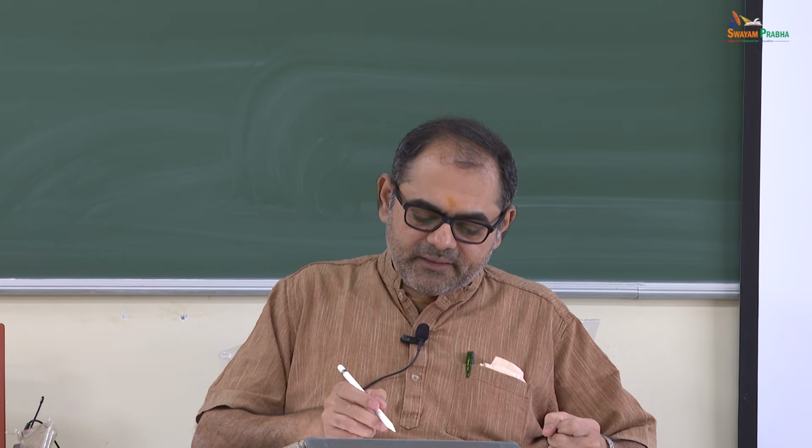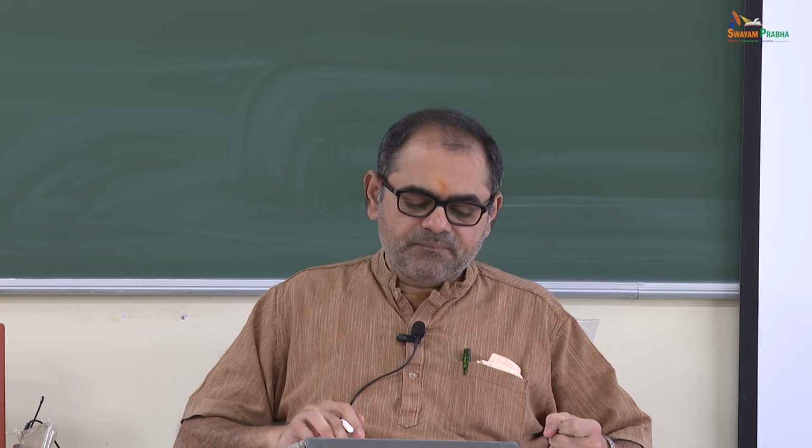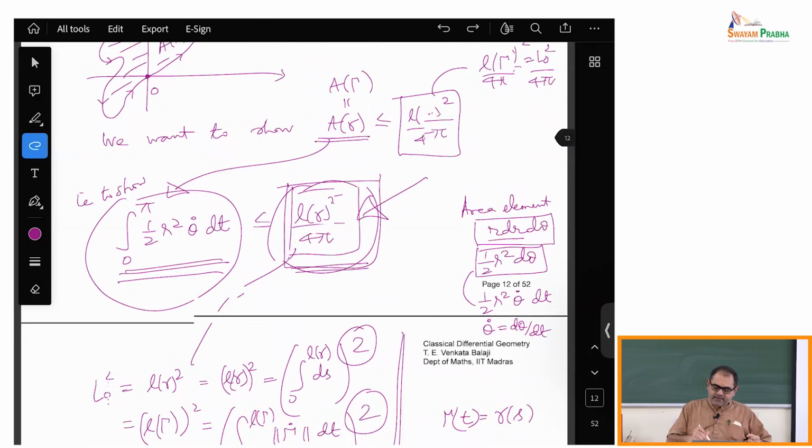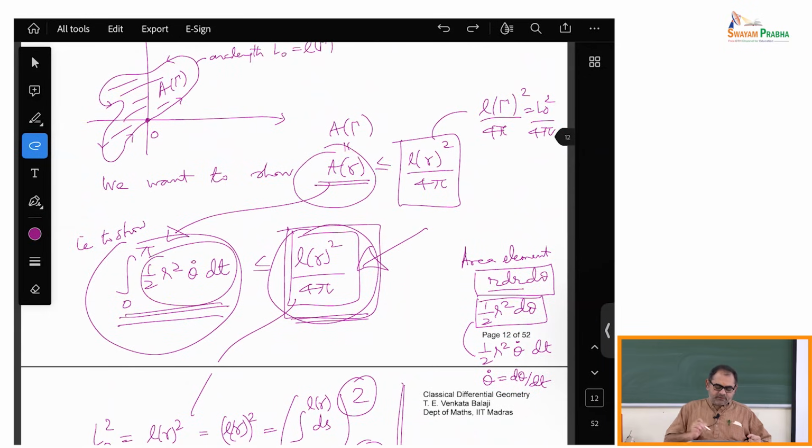There is one more place where the simplicity of the curve has been used implicitly, and that is here. When we wrote the area as half r squared theta dot dt, the simplicity has been used.